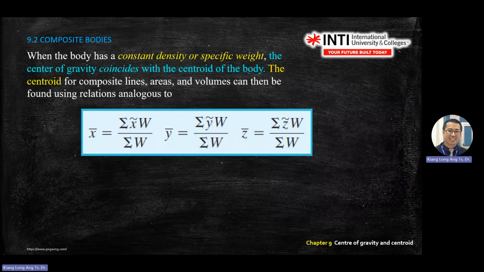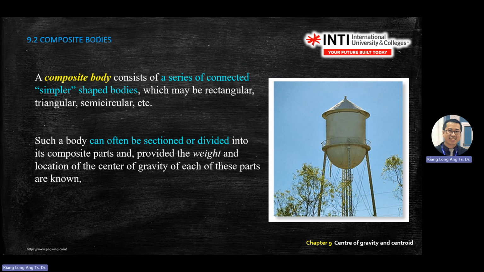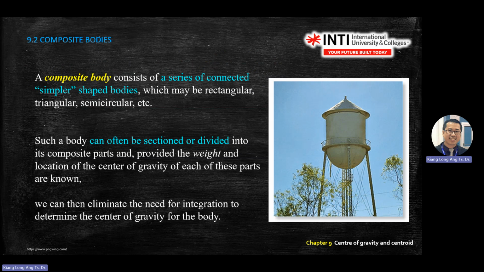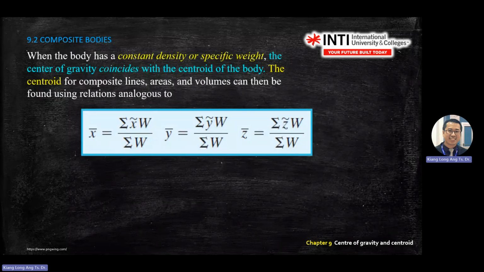I'll show you the steps. So the same, this one already seen. If you are composite, then you use W, because for composite we are more interested in the center of mass, center of gravity, W, or the capital G, centroid.